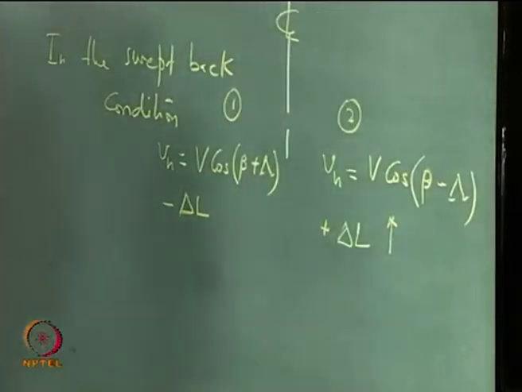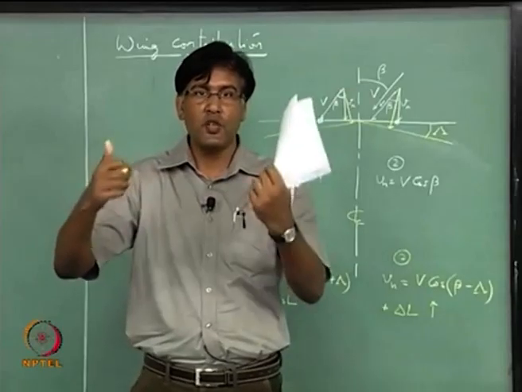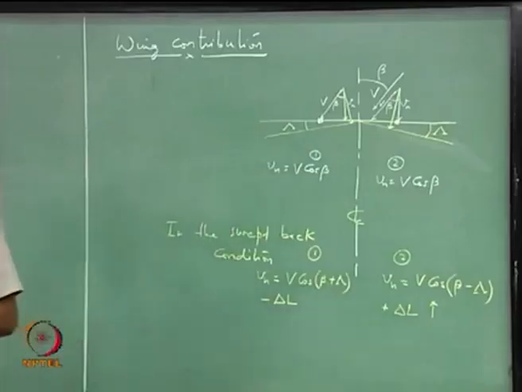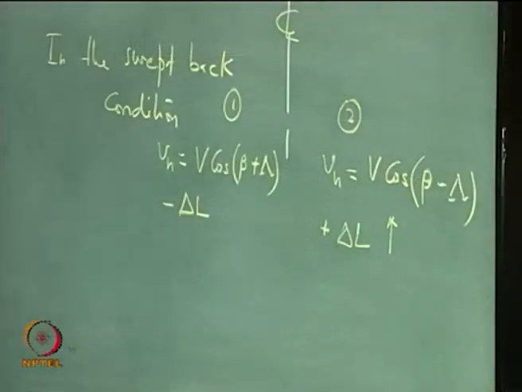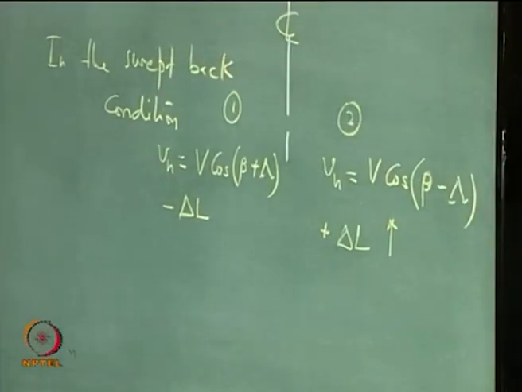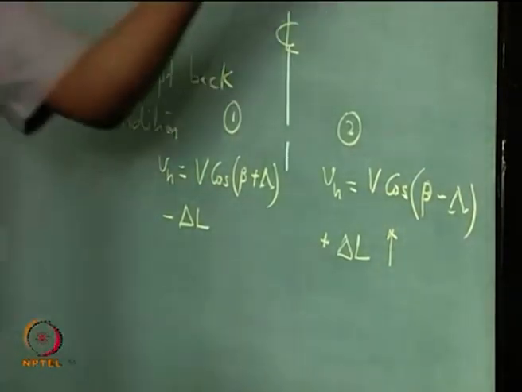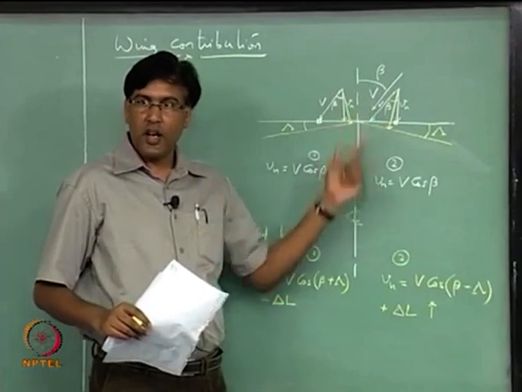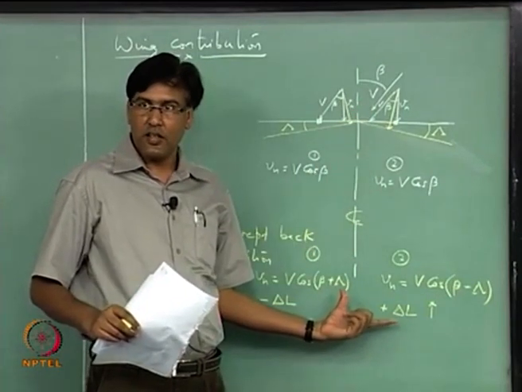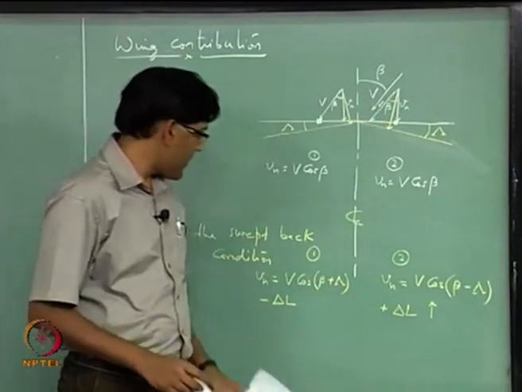When it was flying straight, with no side slip, the lift on the two parts of the wing was the same, right. But because of this side slip, now it has changed, right.